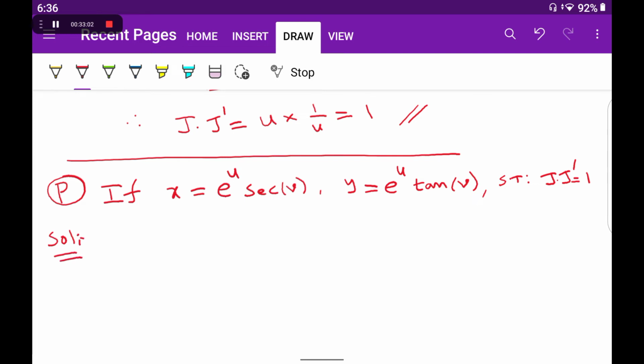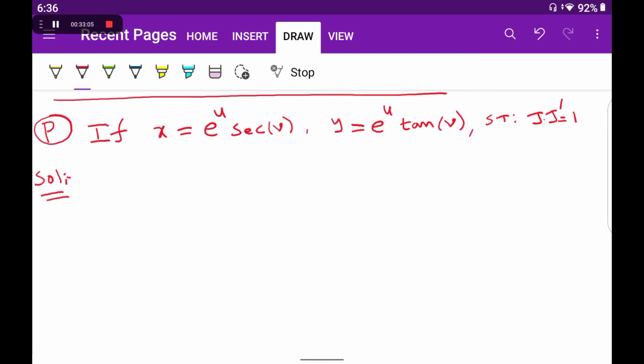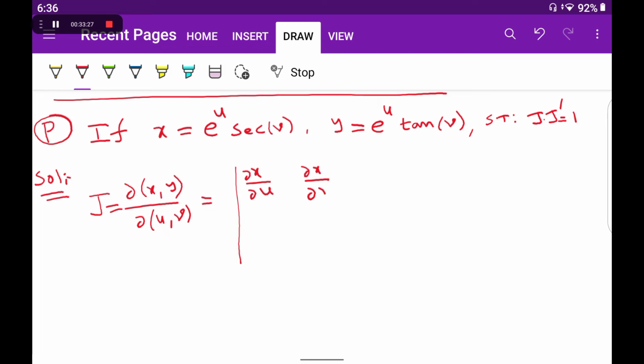So how to solve this? We are given x and y in terms of u and v, right? So J, you name it as dou xy by dou uv, which is named as J: dou x by dou u, dou x by dou v, dou y by dou u, dou y by dou v.